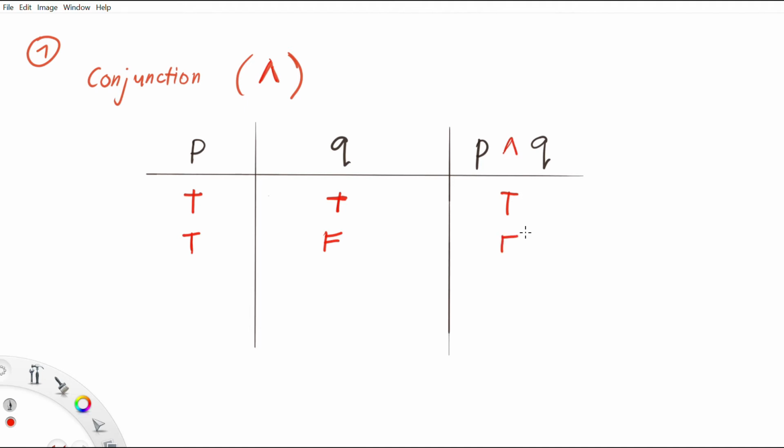The answer is false. If the first proposition is false and the second one is true, the combined is also false. If they are both false, then the combined propositions are false.